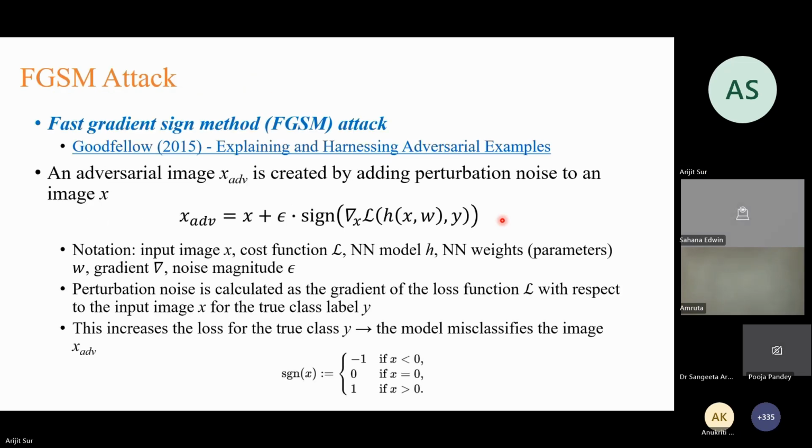This paper is the Goodfellow paper from 2015.